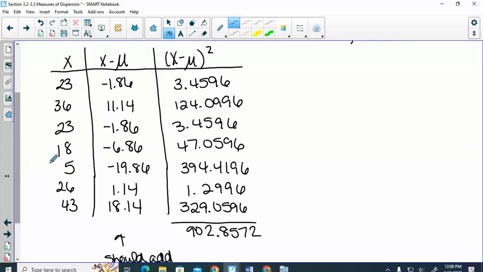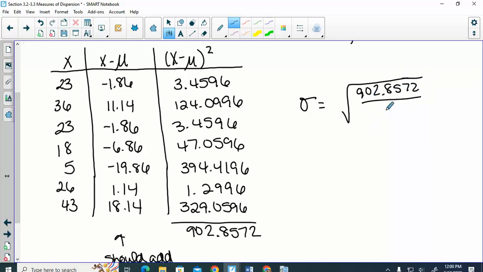Do you guys get this 902.8572? Okay. Test or quiz, I strongly encourage you to show me your work. Don't just try to do the whole thing on the calculator, write out what your total was. So, standard deviation is the square root of this sum divided by n.